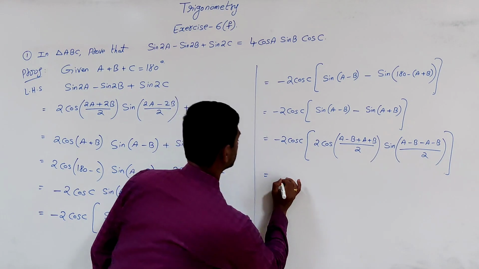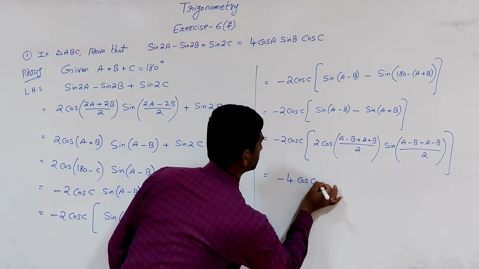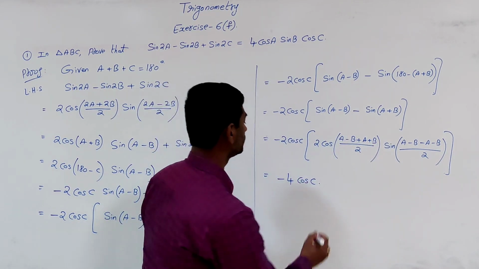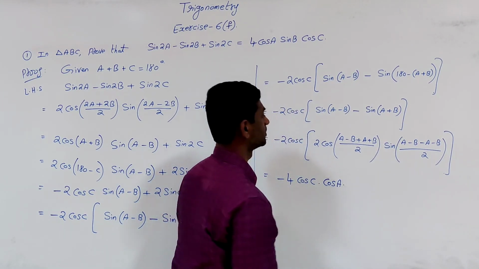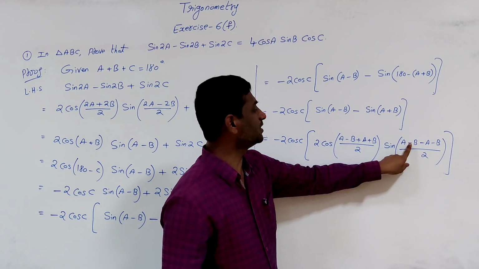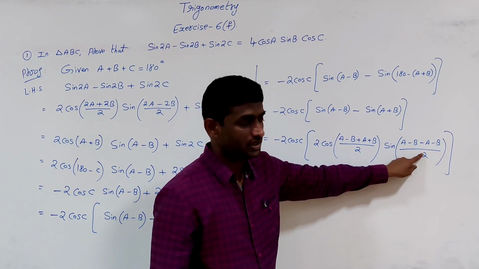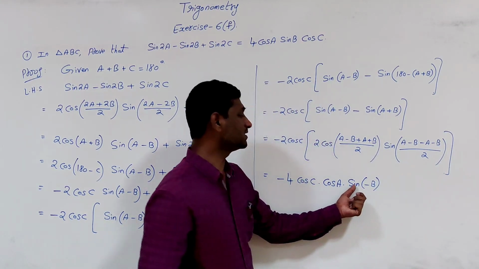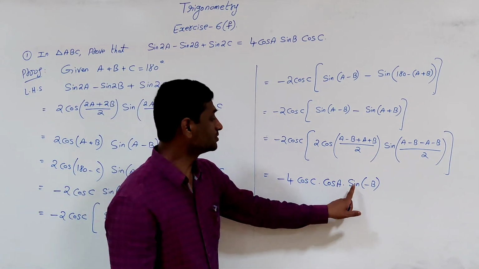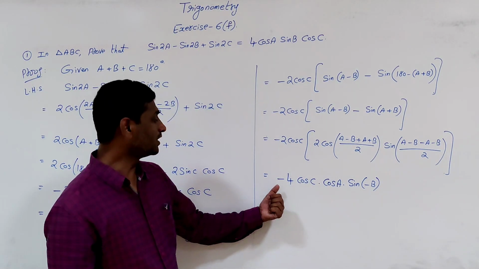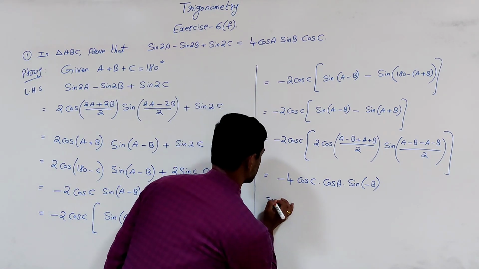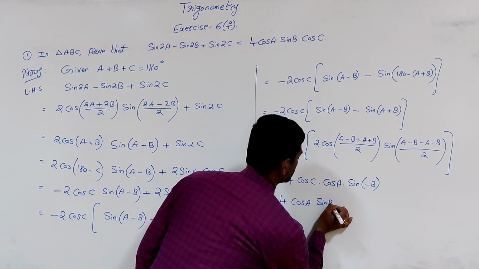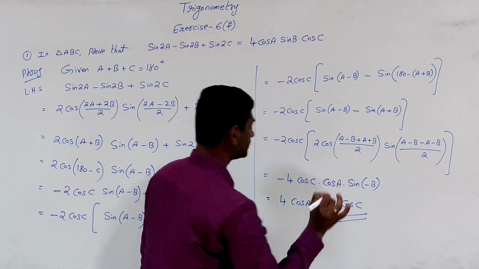So 2 twos are 4, minus 4 cos C into, A and B get cancelled, A plus A is 2A, 2 gets cancelled, so it will be cos A. Sin of A minus A cancelled, minus B minus B gives minus 2B, and 2 gets cancelled, so it will be sin of minus B. But sin of minus theta is minus sin theta, so sin of minus B will be minus sin B, but already one minus is there, so it will be plus 4 cos A sin B cos C. That is the result.